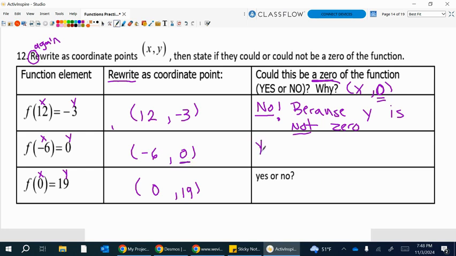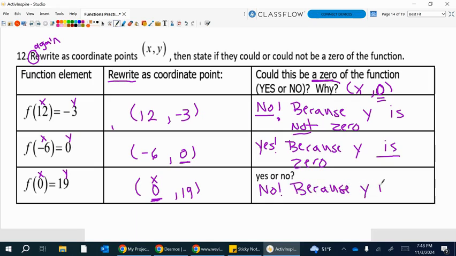This one is yes, because y is 0. Okay, the last one is 0, 19. This has a 0, but that's the x value. So this is no. And once again, because y is not 0. Okay, if it is a 0, the y value will be 0.